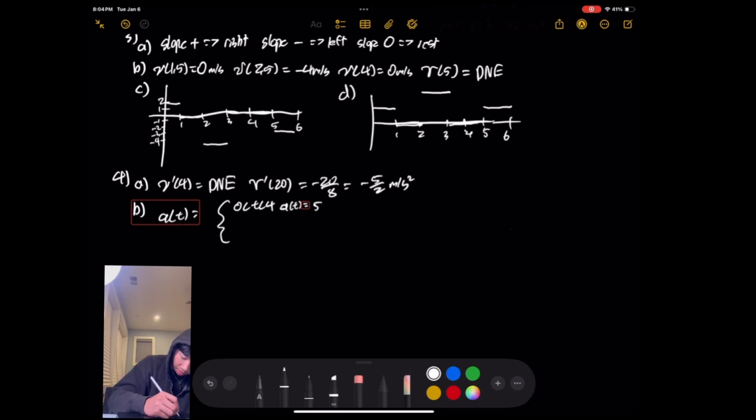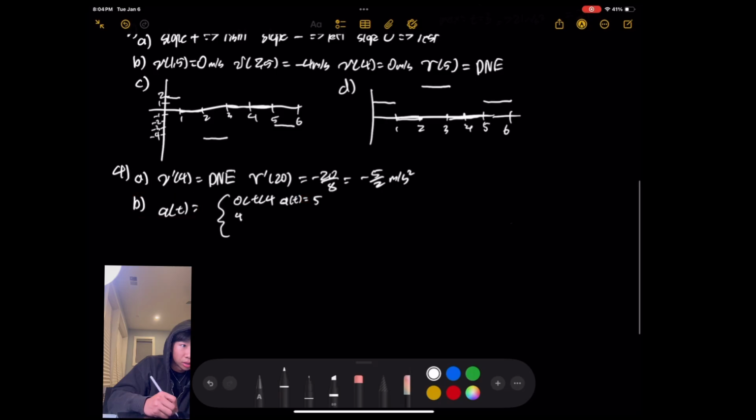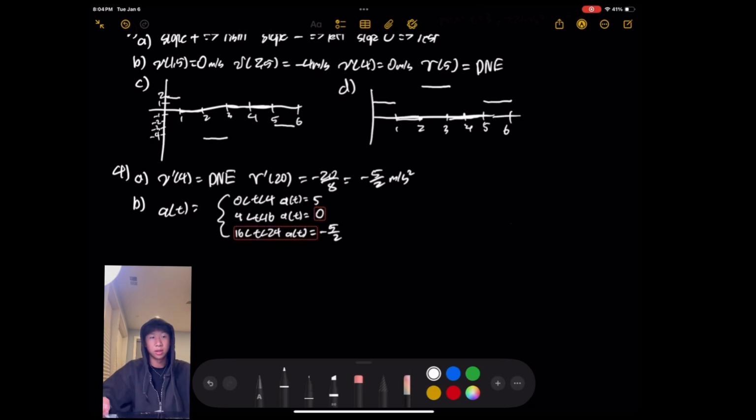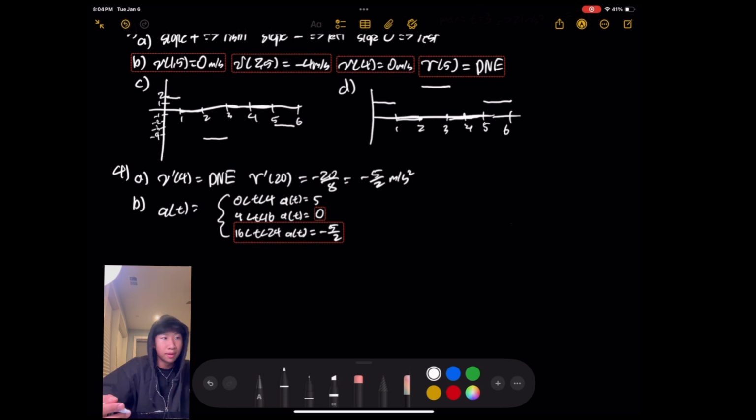And then from 4 to 16, the acceleration is going to be 0. And then from 16 to 24, acceleration is going to be equal to -5/2. So that is very simple. That's just what it is. You're kind of just writing out what you're saying.